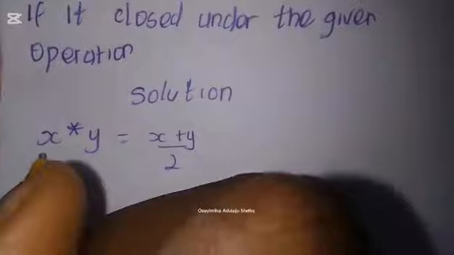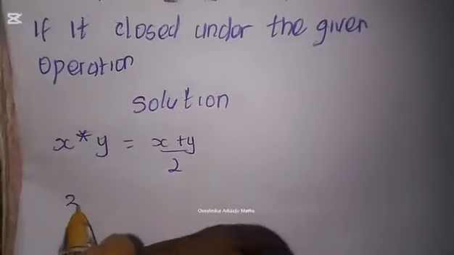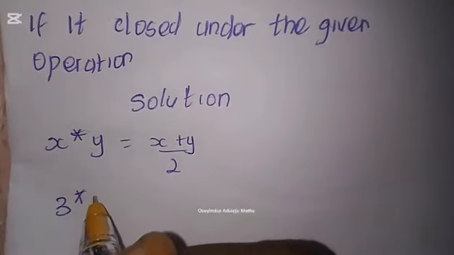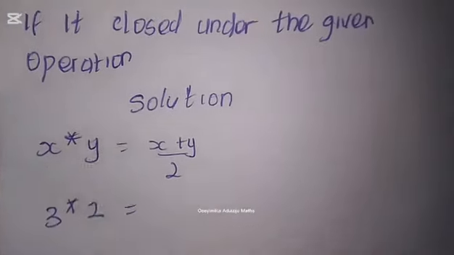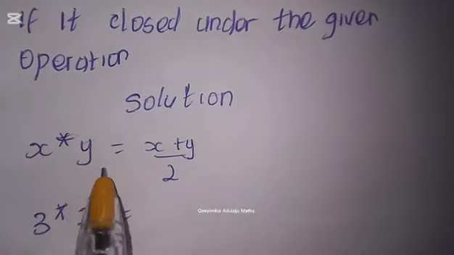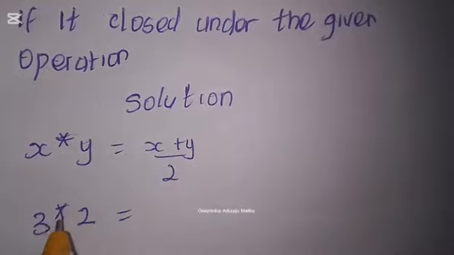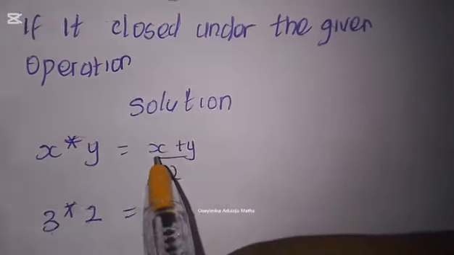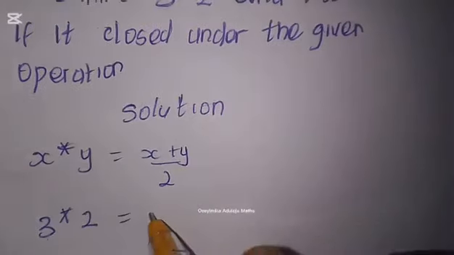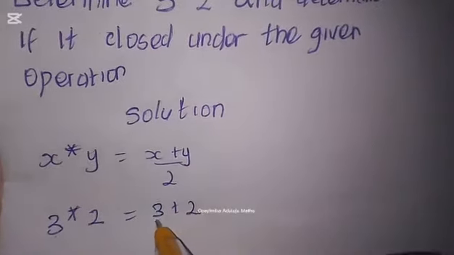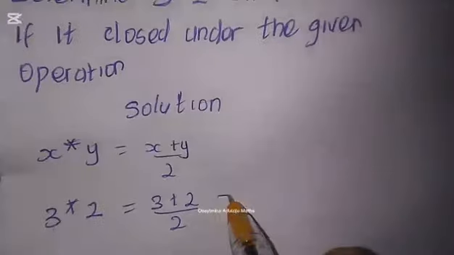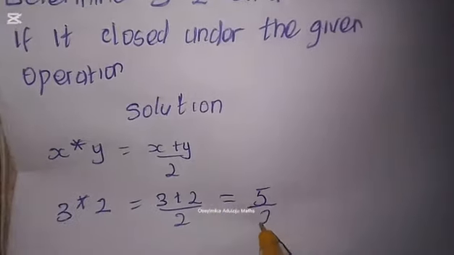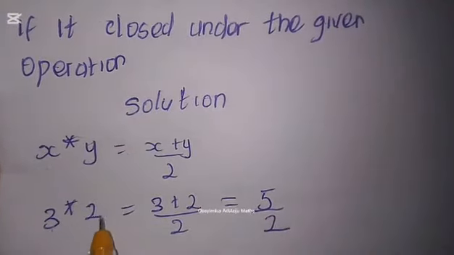This X asterisk Y will now change to 3 asterisk 2. So our X now is 3 and our Y now is 2. Anywhere we see X, we put 3, and anywhere we see Y, we put 2. So X plus Y over 2 equals 3 plus 2 over 2, which equals 5 over 2. So 3 asterisk 2 equals 5 over 2.